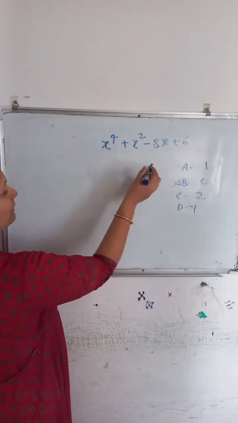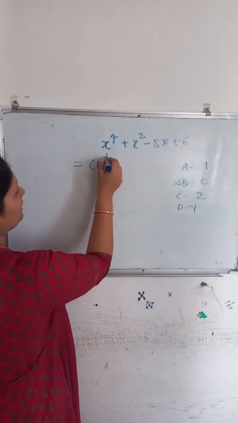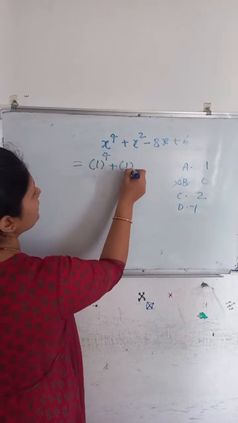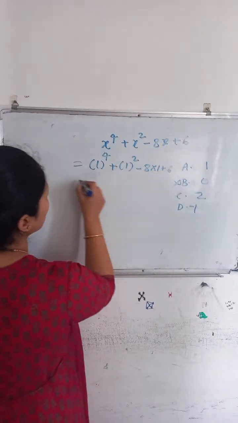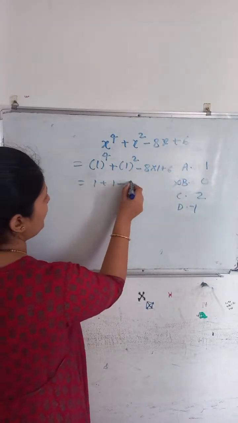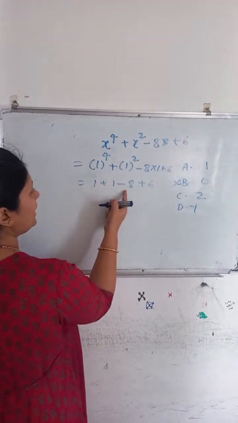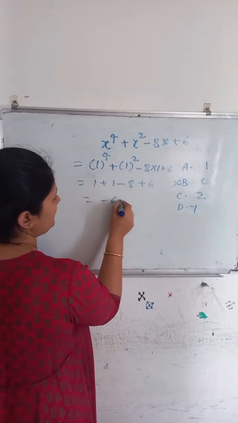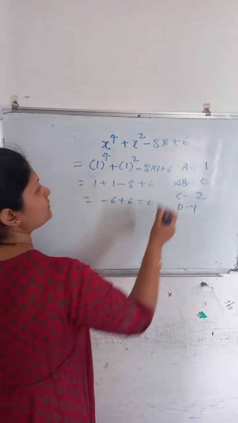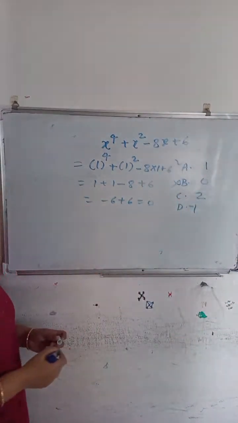So first I take 1 only. 1 raised to 4 plus 1 raised to 2 minus 8 into 1 plus 6. So 1 plus 1 minus 8 plus 6. 1 plus 1 is 2, 2 minus 8 is minus 6, plus 6 is equal to 0. That means A is the correct option.